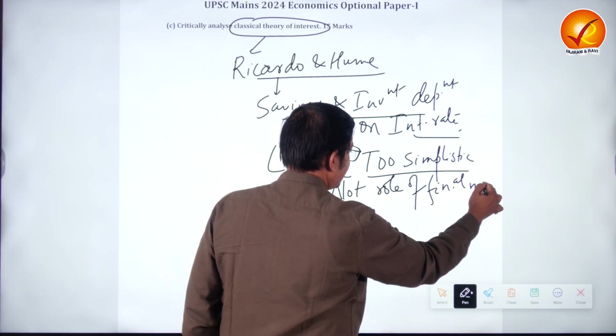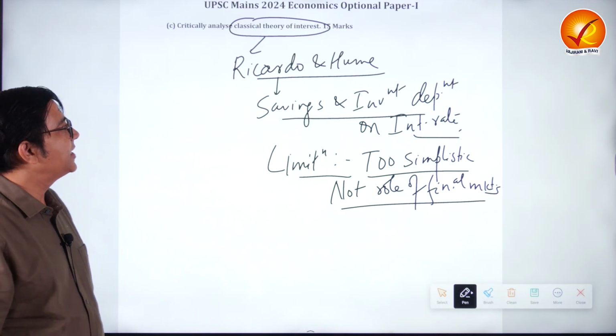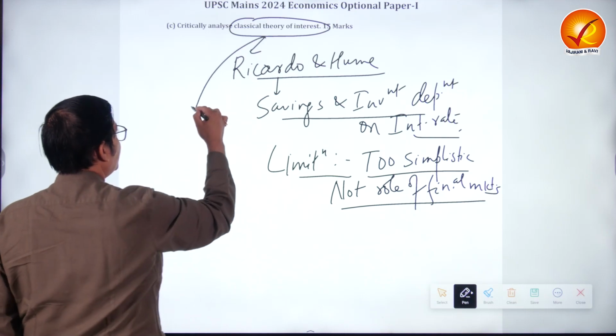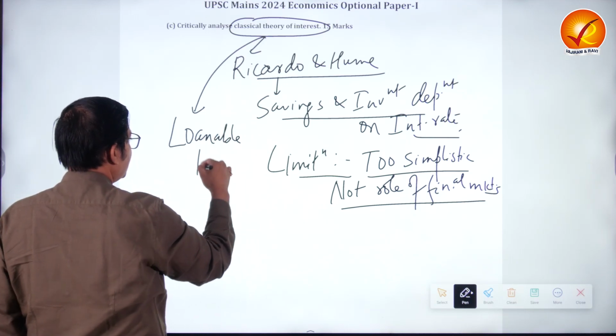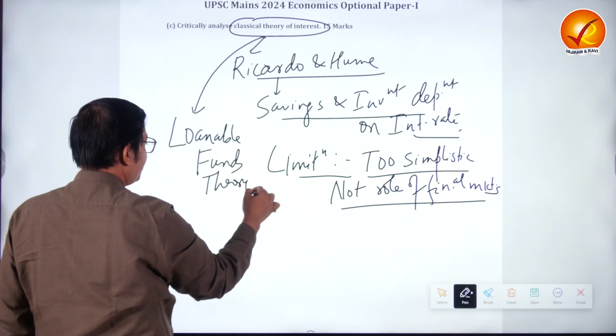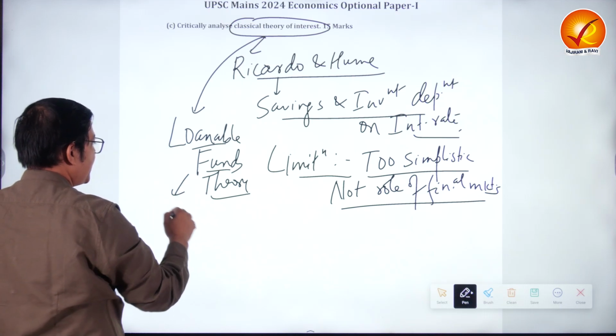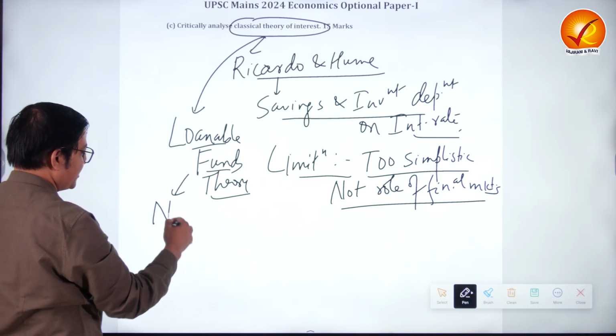The financial markets, including the bond market, etc., was not being highlighted. Clearly then you can come to the loanable funds theory. Even if you just write loanable funds theory, it's okay. But technically speaking, it was given by the later classicals or neoclassicals.